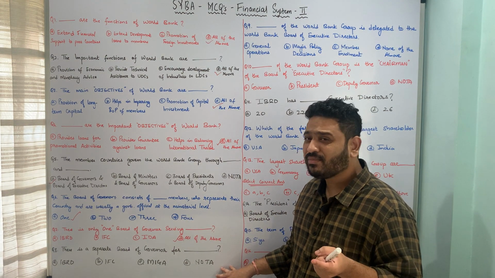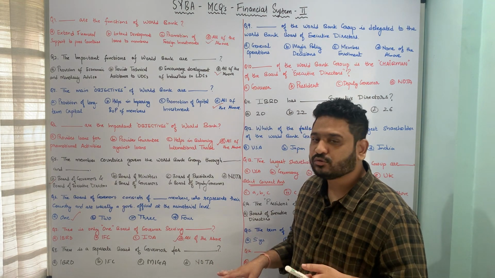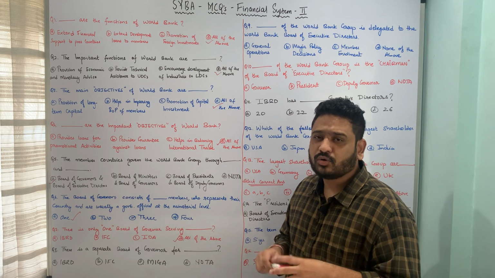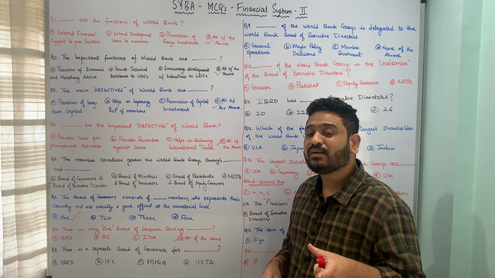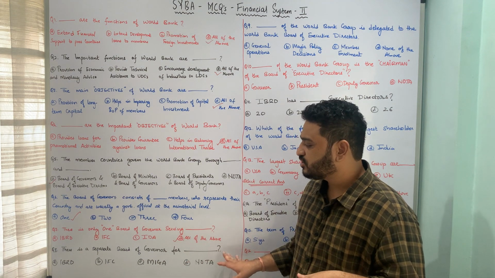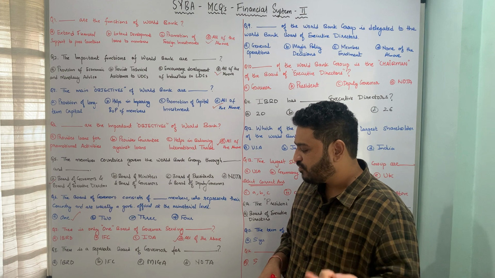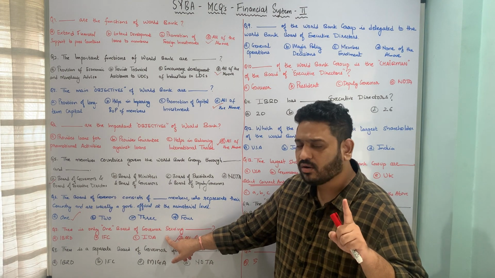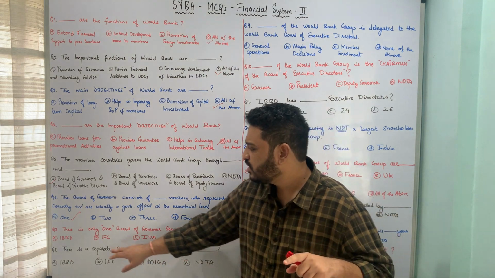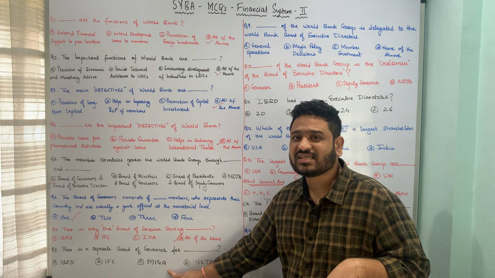Let us now move to the next one. The next one is talking about a separate Board of Governors for which institution under the World Bank Group, to be very precise. The question is, there is a separate Board of Governors for dash, and the options are IBRD, IFC, MIGA and none of the above. We have seen that there's only one Board of Governors for IBRD and IFC, but there's a separate one for MIGA.